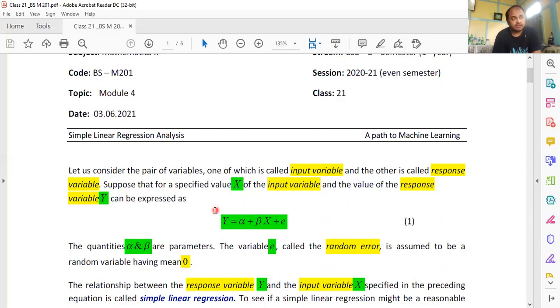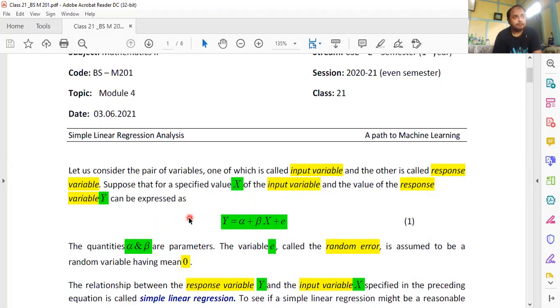But if it is a matter of correlation analysis, and we are going to find the line of regression, then in statistics, often the independent variable capital X is known as the input variable, and capital Y is called the response variable.